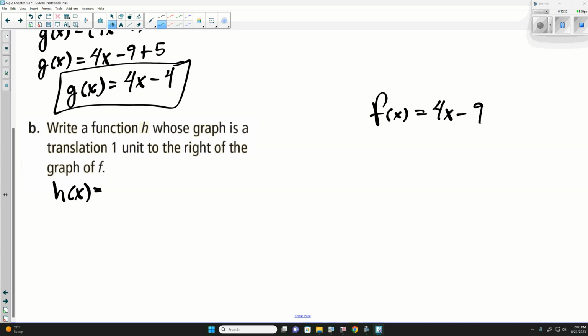So this would be our f of, yes, f of x minus h, because our f of x minus h moves it to the left or to the, now what is our value of h? Positive 1, because we're moving right 1, yes?